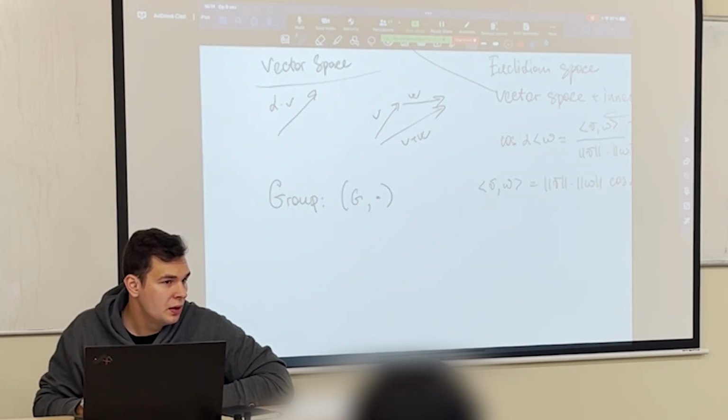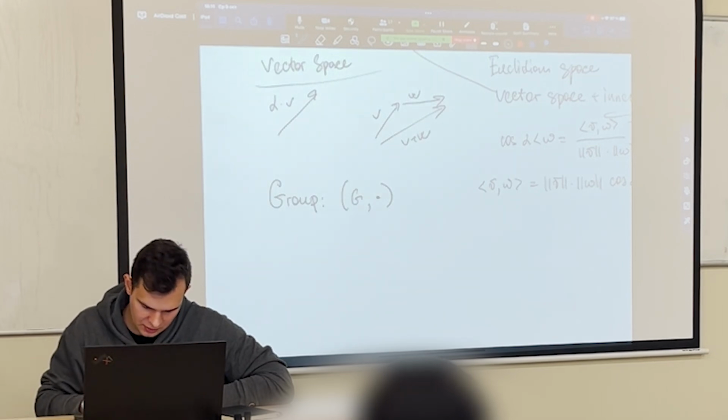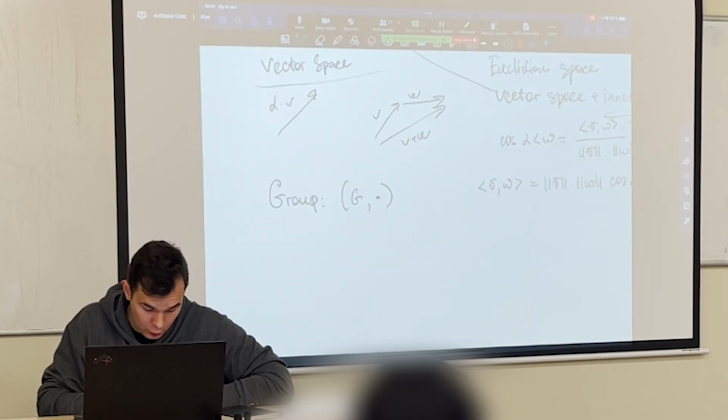For example, if you have natural numbers and, for example, a plus. In order to be a group, you need to have a property which is called closure.